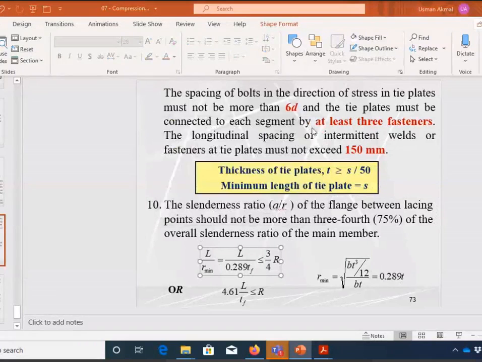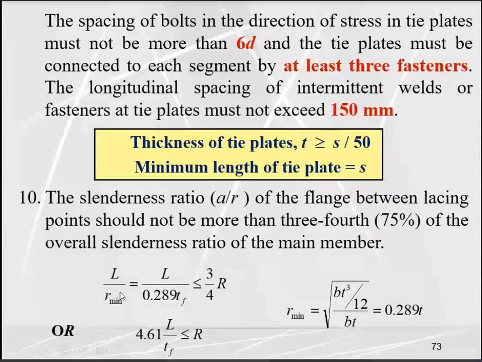That is the unbraced length of a single angle, or the distance between two consecutive connectors on the same section. So L over R minimum should be less than 75% of the slenderness ratio of the built-up section. So we are using the flat plate as a lacing.